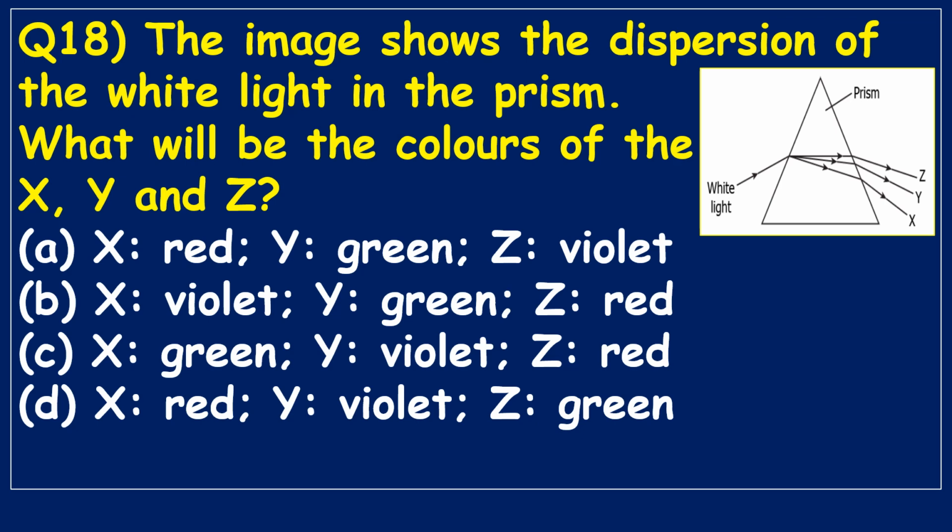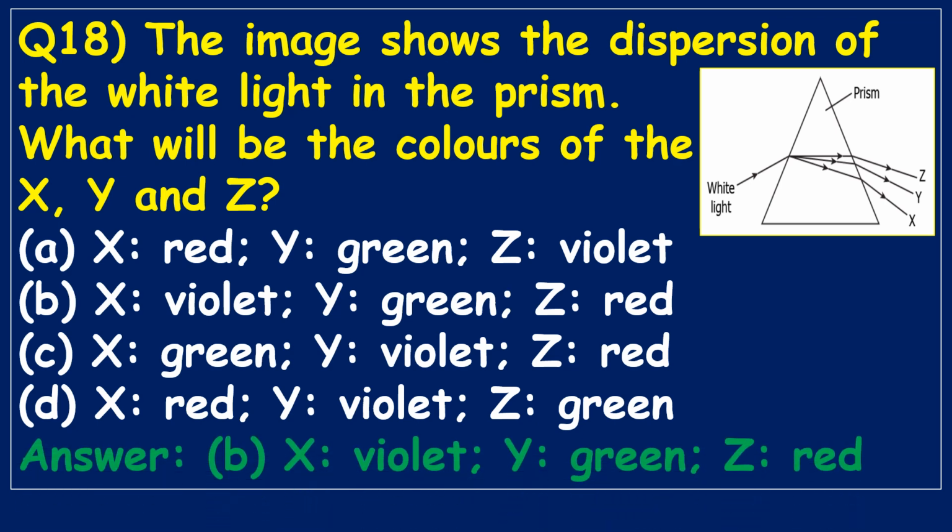Option B, X is violet, Y is green, Z is red. Option C, X is green, Y is violet, Z is red. Option D, X is red, Y is violet, and Z is green. Your option is option B, X violet, Y green, and Z red.